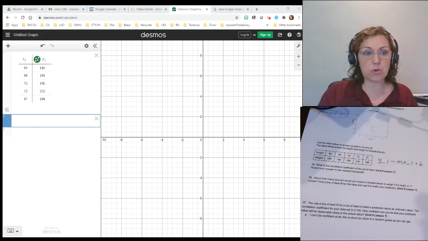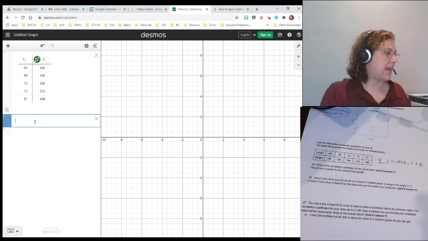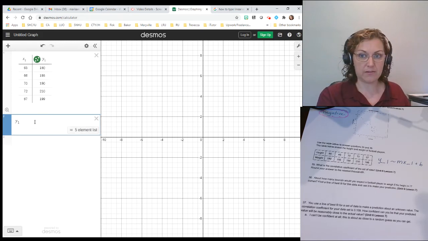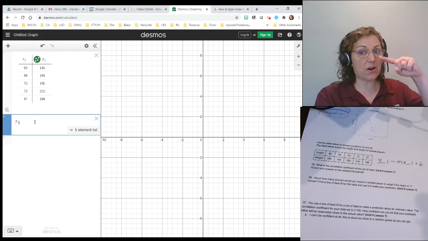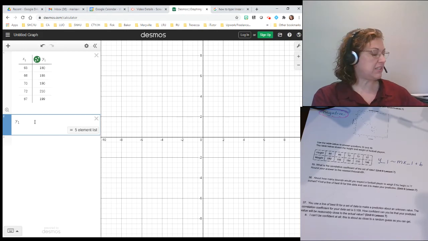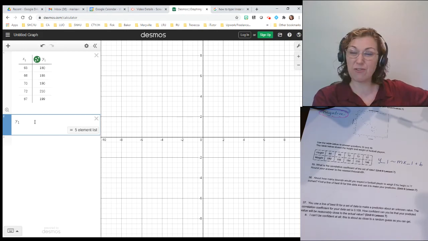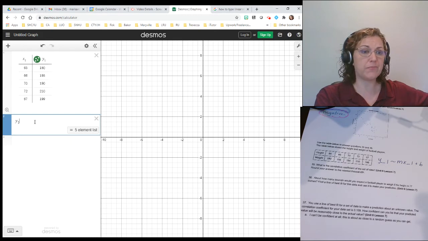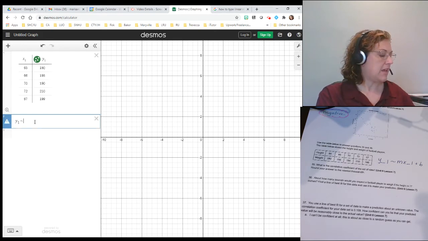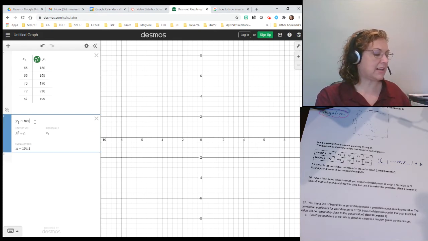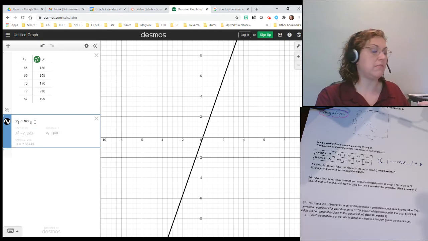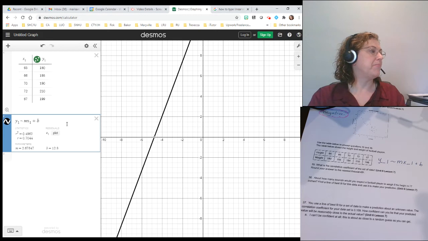So when I type it, I have to do y underscore 1, then use your right arrow, and then you have to do the tilde, which is shift and then your far left corner of your keyboard. Then you have to do mx underline 1, then right arrow again, plus b.